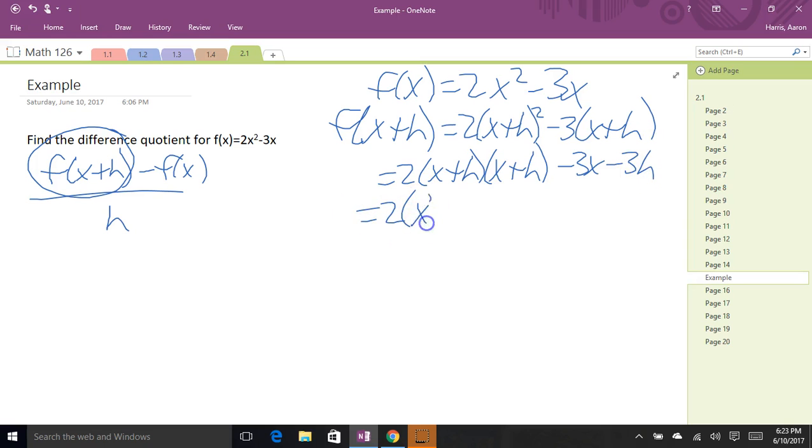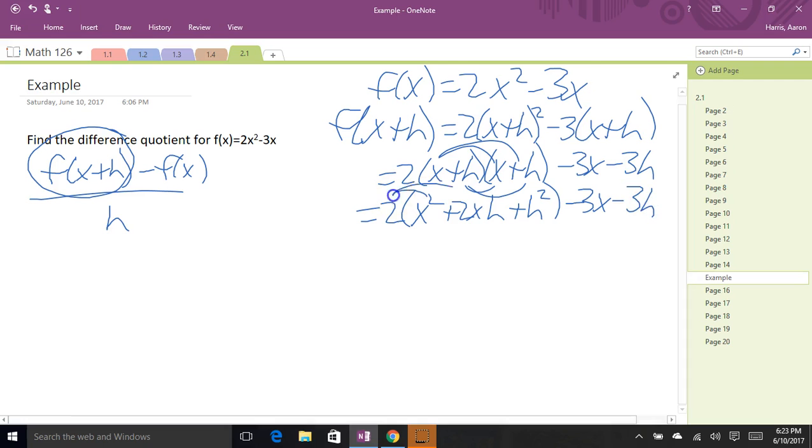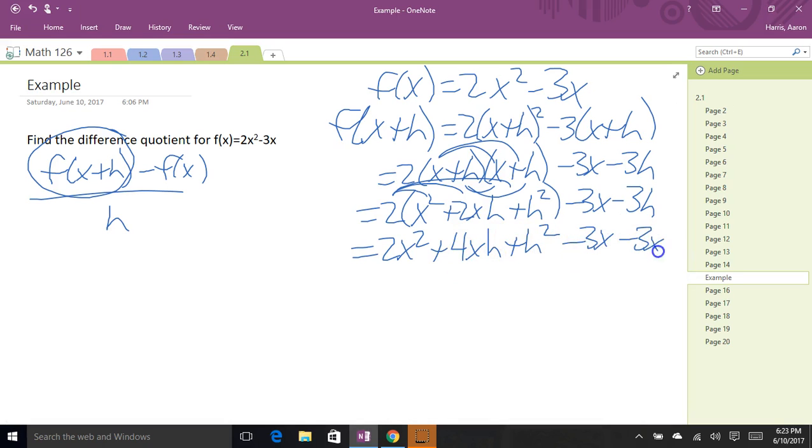So I got x squared plus xh plus hx. That's the same thing, so I have 2 of those xh's. And then plus h squared on the end. Let me distribute my 2 through, so I got 2x squared plus 4xh plus h squared minus 3x minus 3h. Okay, and that's what goes in right here. That's my f of x plus h.